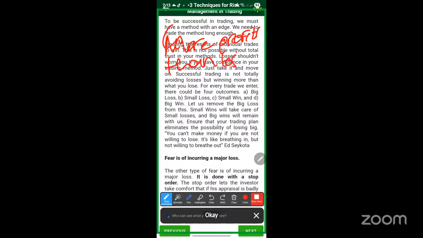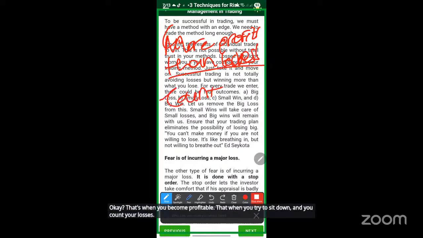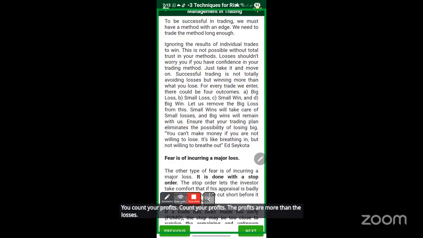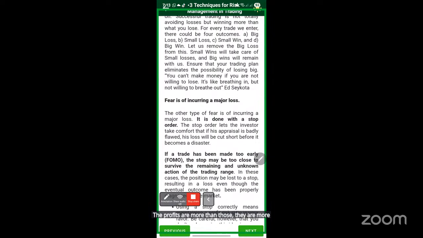Okay, that's when you become a profitable trader. When you sit down and count your losses and count your profits, the profits are more than the losses.